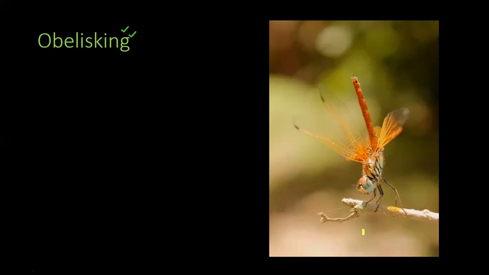This obelisking behavior has developed as a thermoregulatory behavior. Dragonflies usually do this only during midday when the heat is very high. They try to minimize the surface area that is exposed to direct sunlight and minimize the exposure to heat, so as to prevent desiccation.